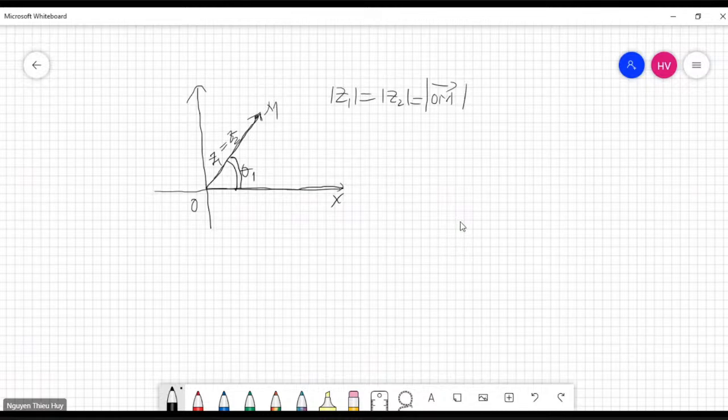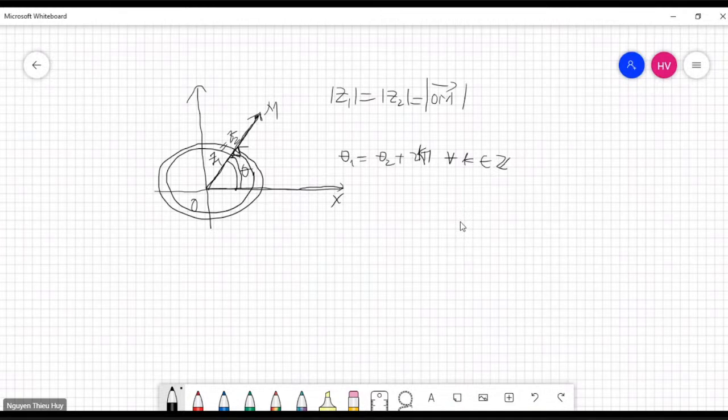But actually, it can rotate one more round to become here. So we obtain theta 1 may be theta 2 plus 2 pi. It's not only one round, it can rotate more. So 2 rounds, but it still stops at this OM. So it means that it can be plus 2k pi for all k in Z.